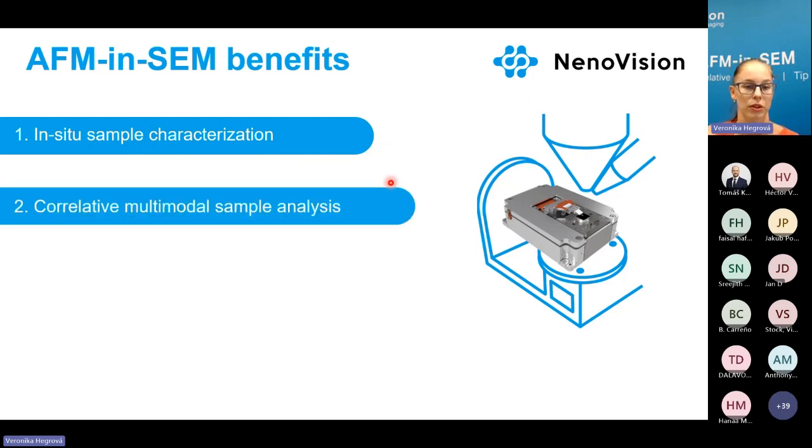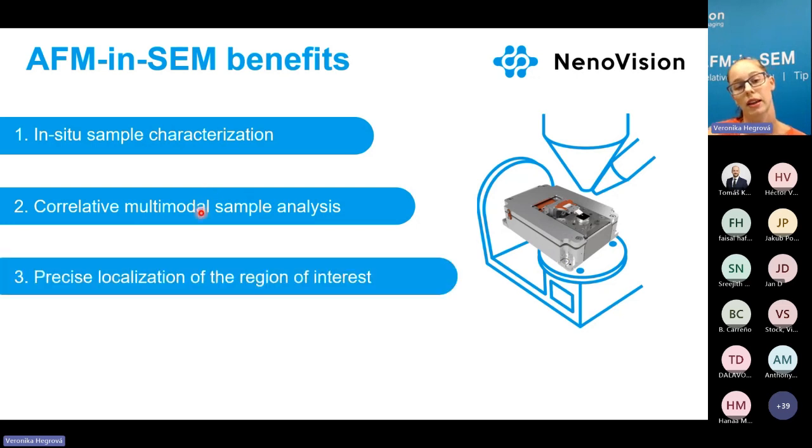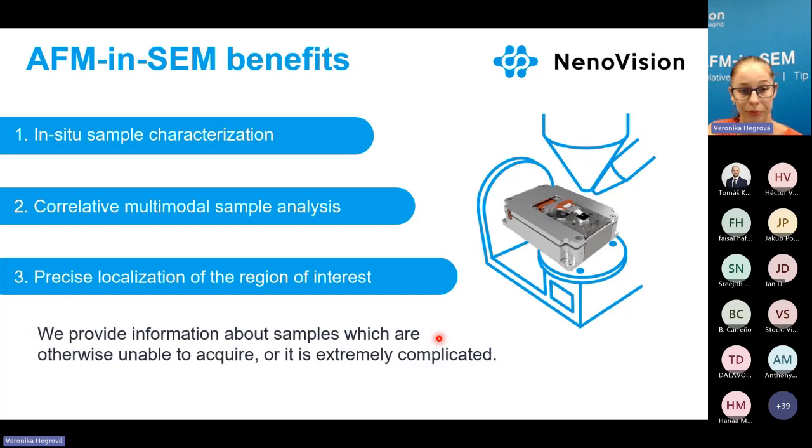And we are able to measure several different modes from different instruments together and correlate them and see the changes, what's happening, and then precise localization to the region of interest, which can be quite tricky when we have different contrasts and we don't know what we are seeing, or it takes time. So what we are focusing on is to provide information about the samples which are otherwise unable to acquire, or they are extremely complicated or time-consuming.